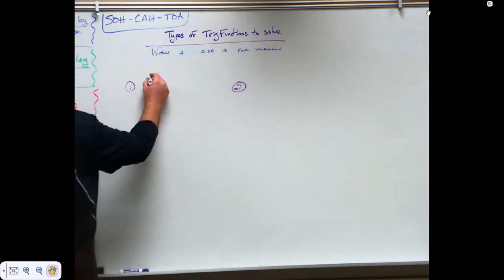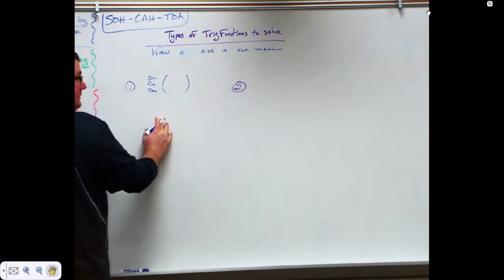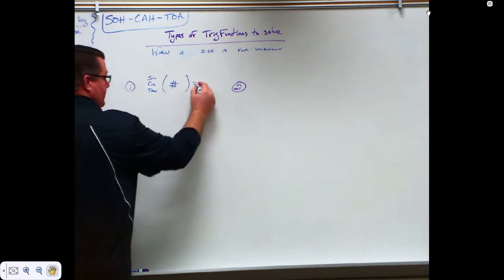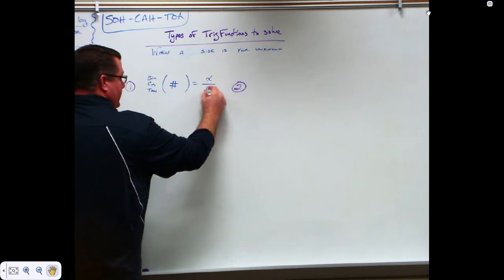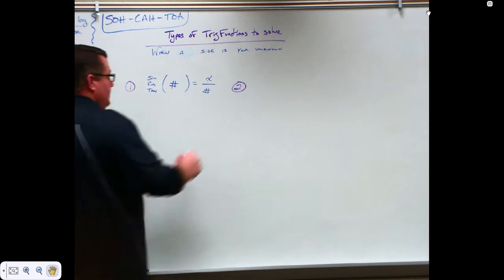So you're going to have either sine, cosine, or tangent right here, and then you're going to have a number in here equal to, let's put the x right here and a number here. You'll have one like that.